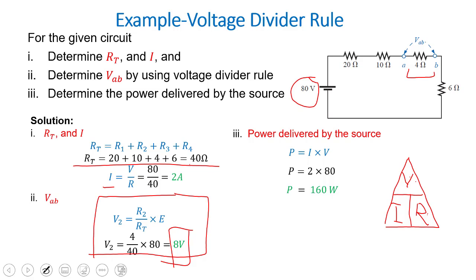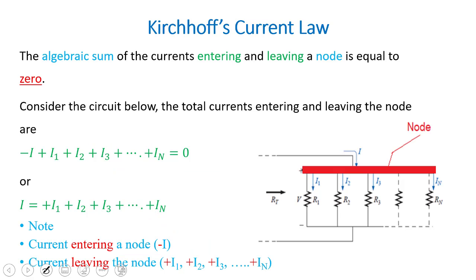Okay, so the power, again, is straightforward. P is equal to I multiplied by V. Now, the next rule is called Kirchhoff's current law, which we call KCL.